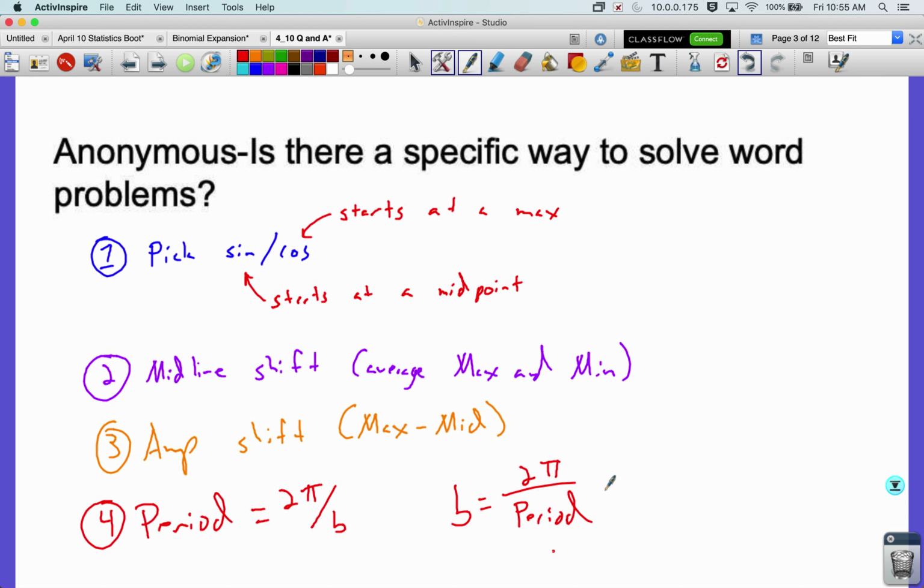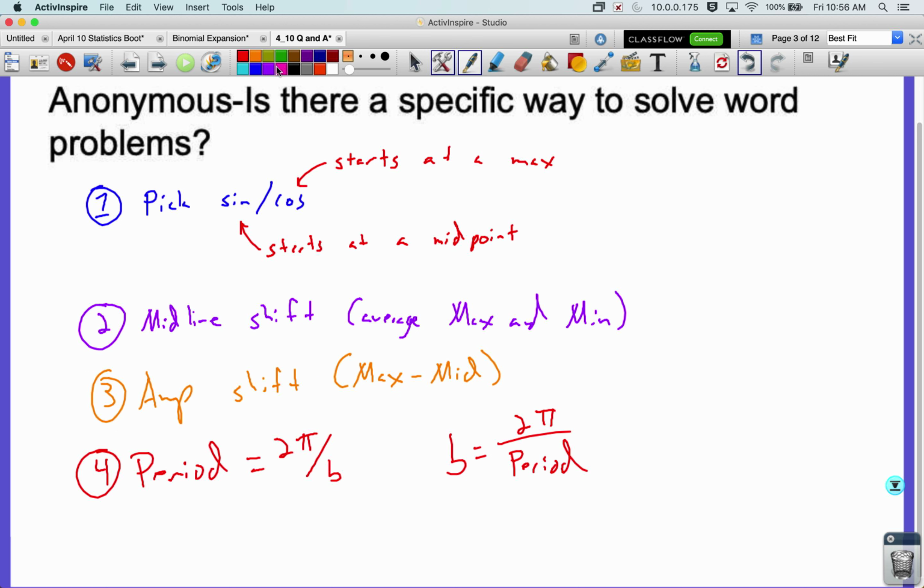Say I don't want it to cycle every 2 pi, I want it to cycle every 100 units. I just put a 100 down here, so now it'd be 2 pi over 100, or just pi over 50 for my b value.